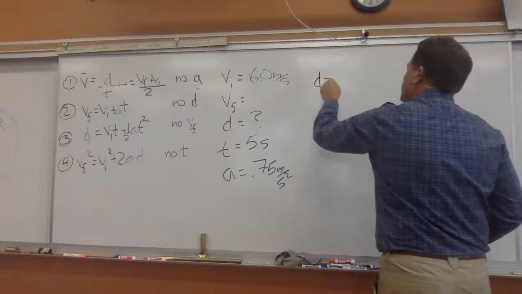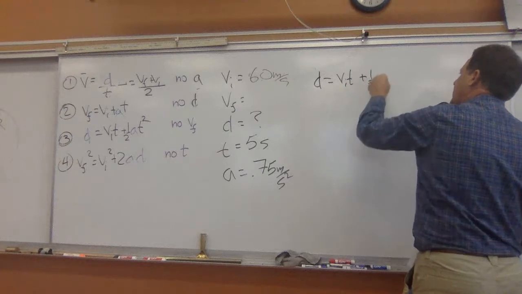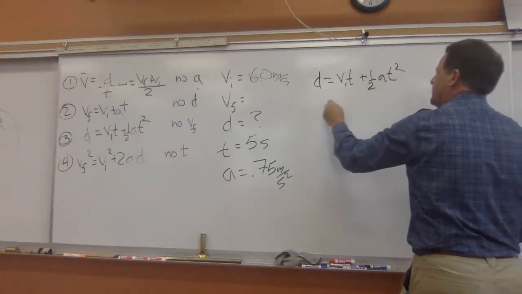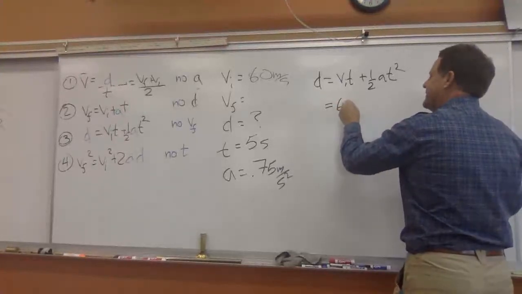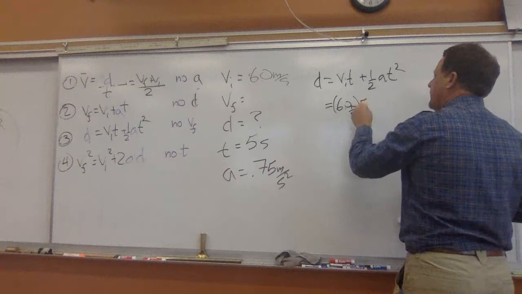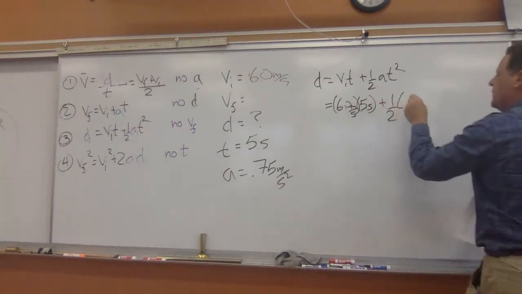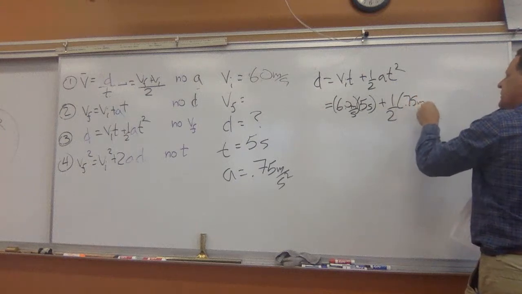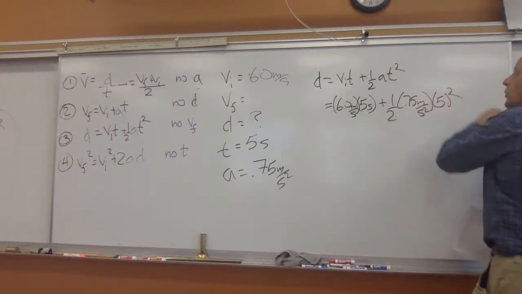So distance is equal to the initial velocity times time plus 1/2 AT squared. So our initial velocity is 6 meters per second times our time of 5 seconds plus 1/2 of 0.75 meters per second squared times 5 squared.